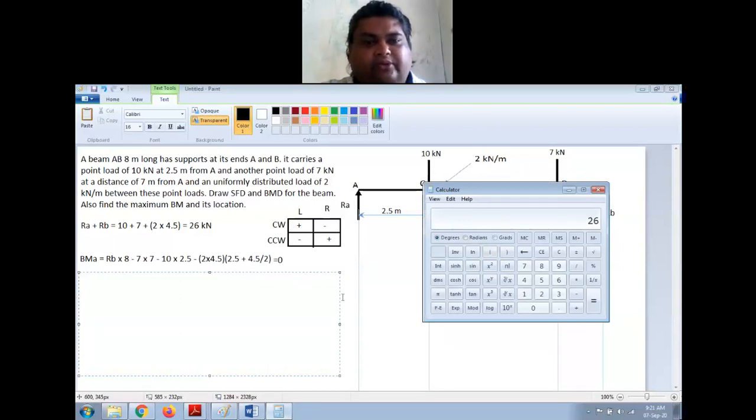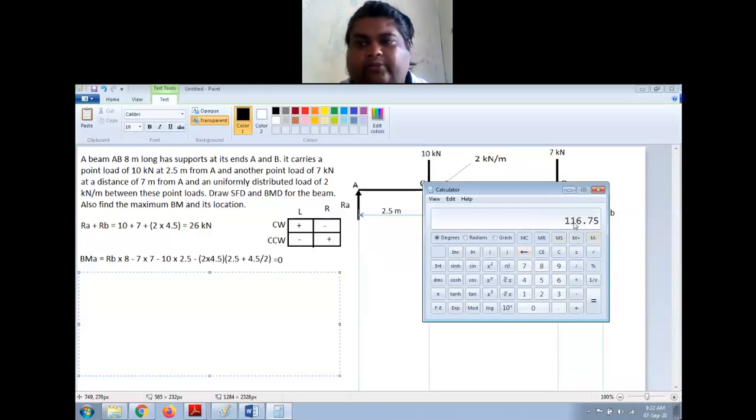Let me start from this. 2.5 plus 4.5 by 2 is 4.75 into 9. This is the bending moment because of the UDL in this section, plus, because once this comes on the other side it becomes plus, 10 into 2.5 plus 7 into 7 is 49.